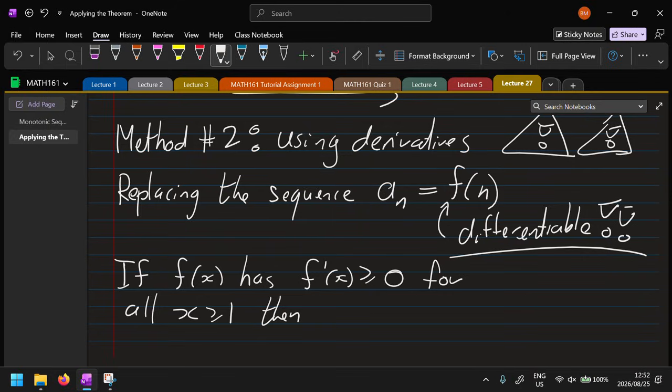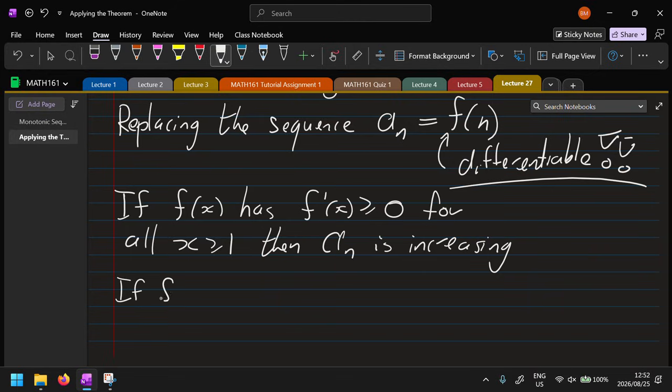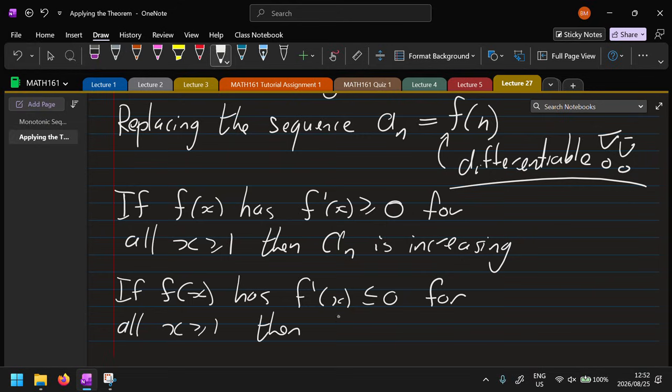And if f is increasing on the right, then a_n is also increasing on the left. And this works for decreasing as well. We just swap the inequality there. If f of x has f prime of x less than or equal to 0 for all x greater than or equal to 1, then a_n is decreasing.